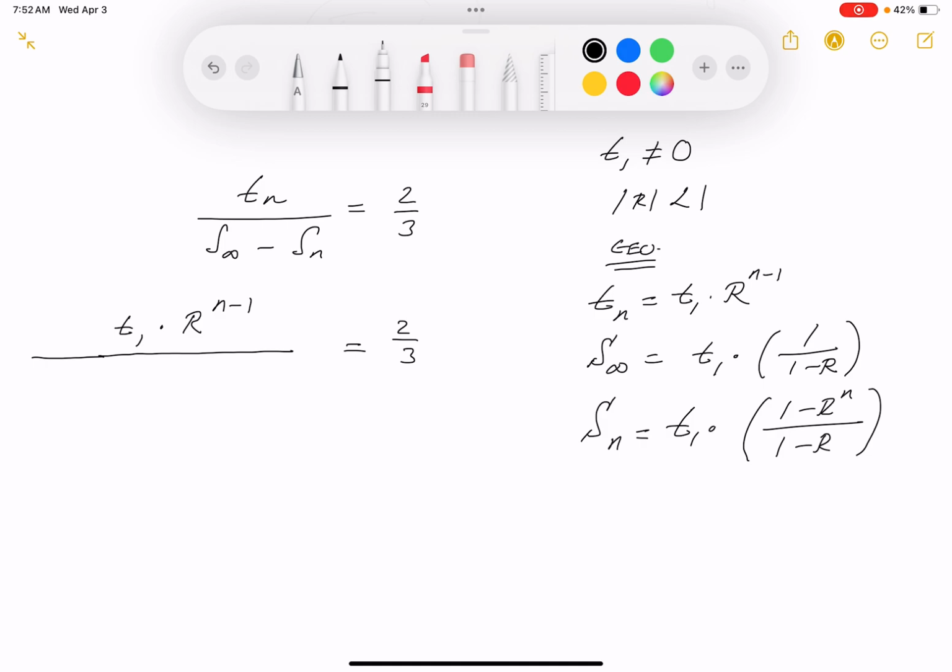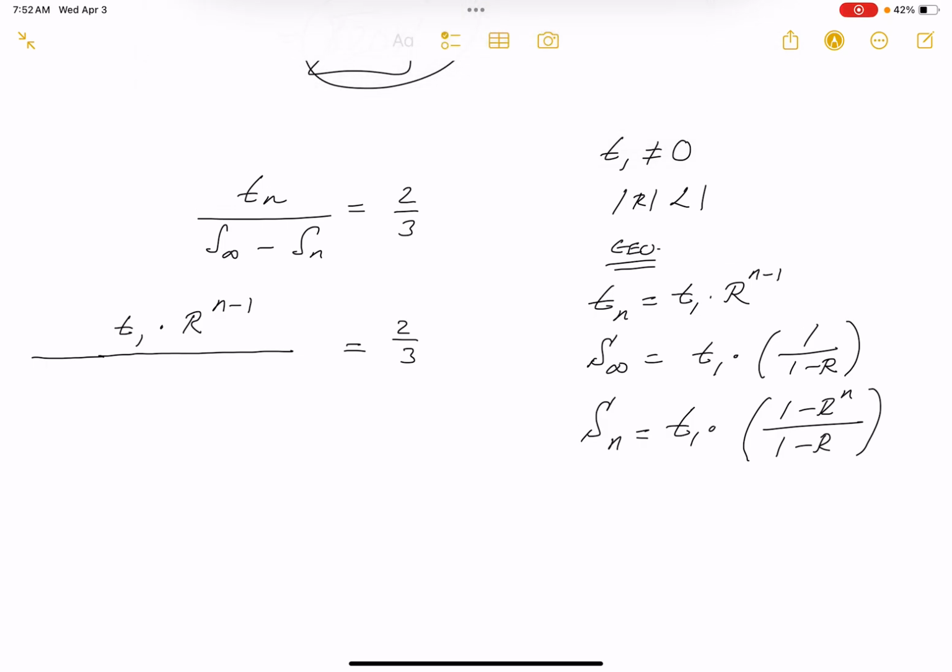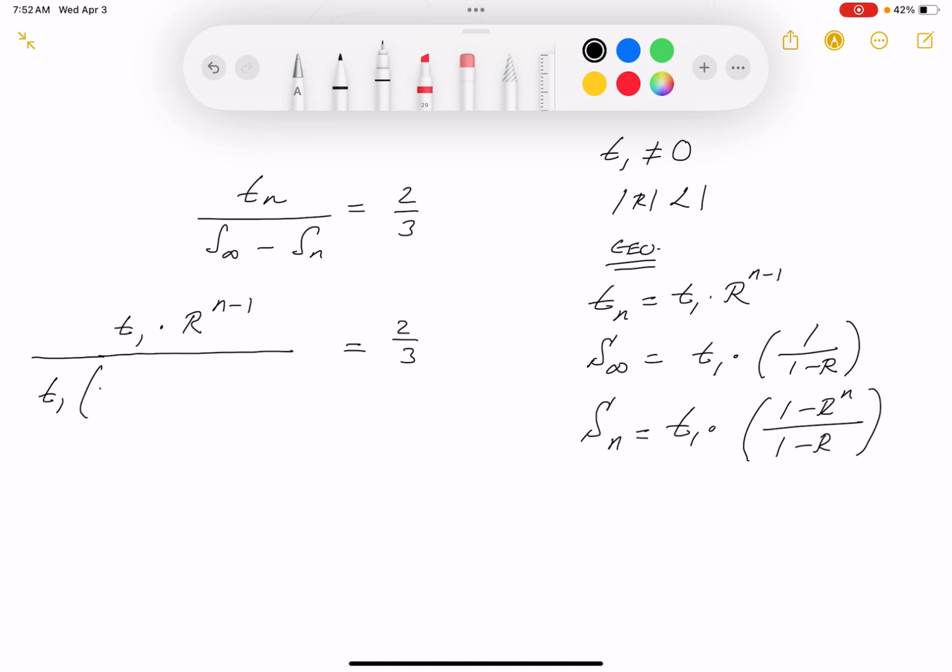I don't know what n is, and I don't know what R is. There's three unknowns there. Let's go to the bottom. What's S infinity? Well, it's going to be T1 times 1 over 1 minus R, and then it's going to be minus, well, what's Sn? It's T1 times 1 minus R to the n over 1 minus R.